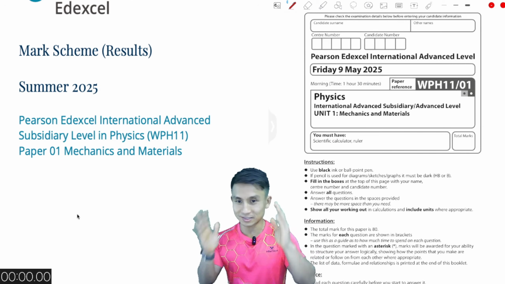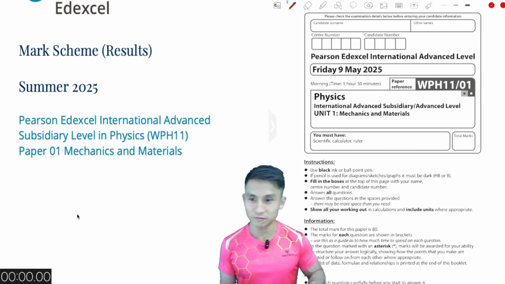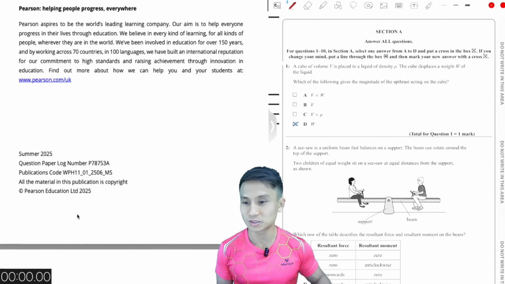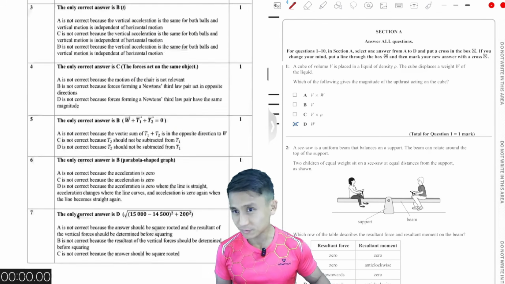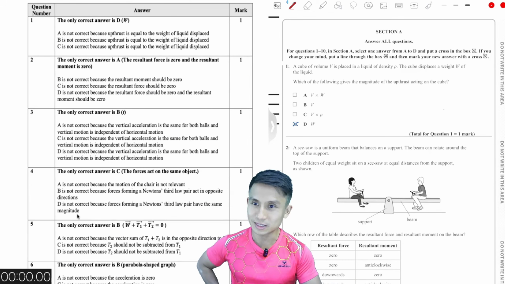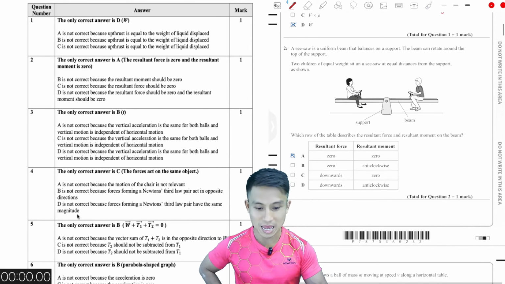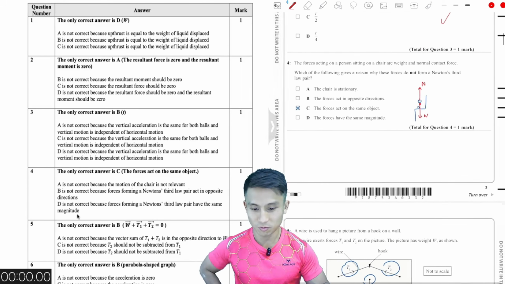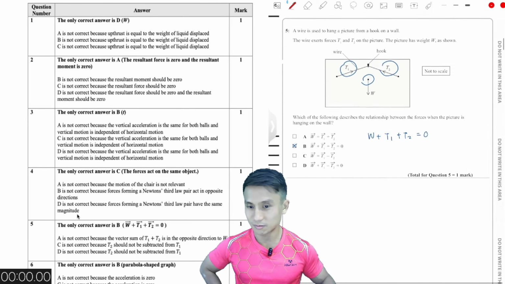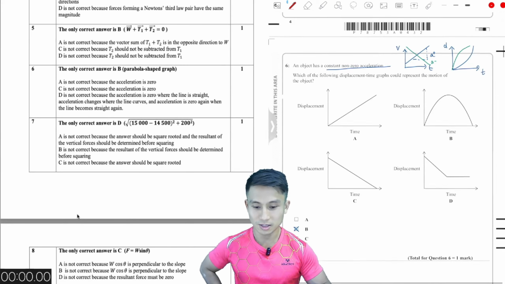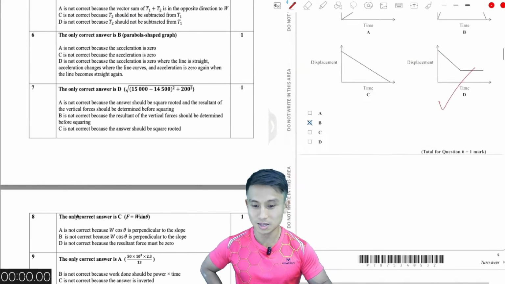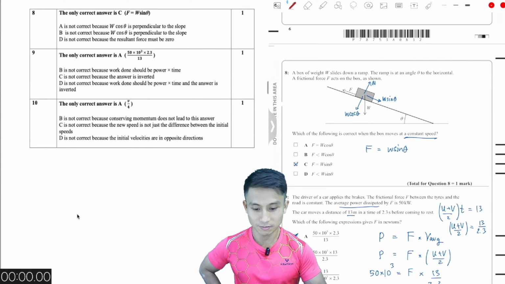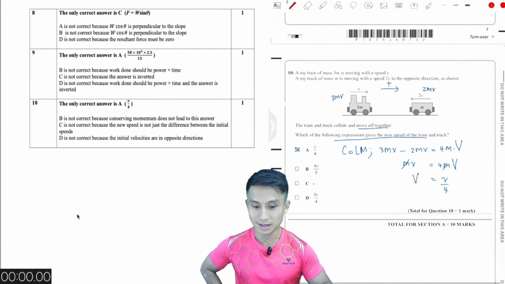Okay, guys, this is the mark scheme, the official mark scheme of the paper. Let's see how well I did. Let's start from the multiple choice section first. Okay, so number 1, D, great. Number 2, A. Number 3, B. Number 4, C. Number 5, B. Number 6, B. Number 7, D. Number 8, C, 9A, and 10A.